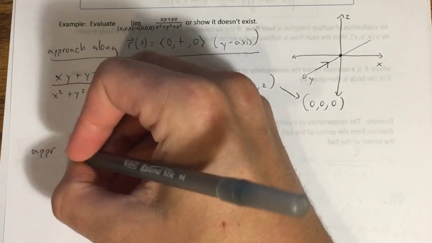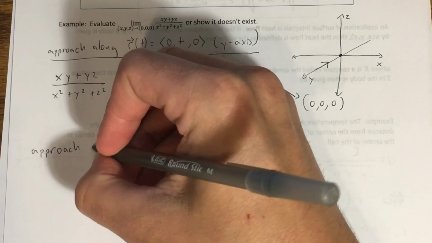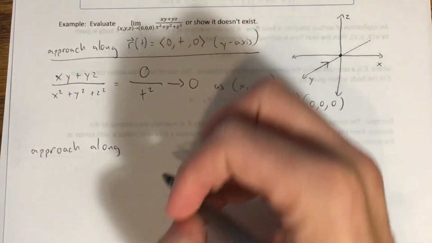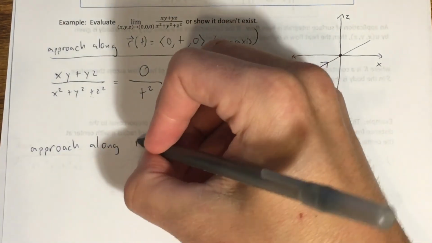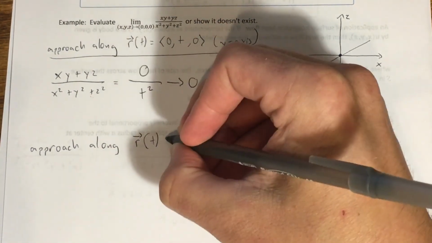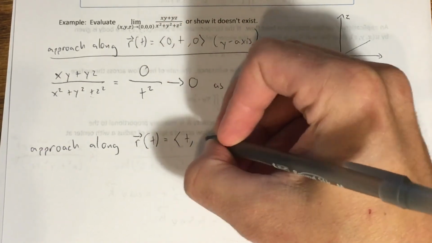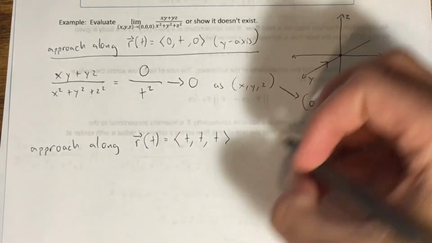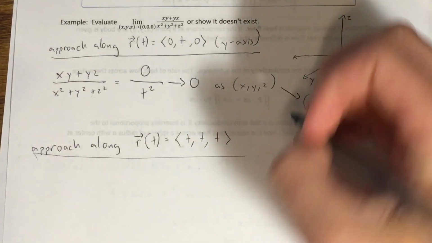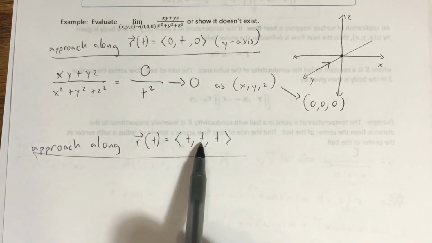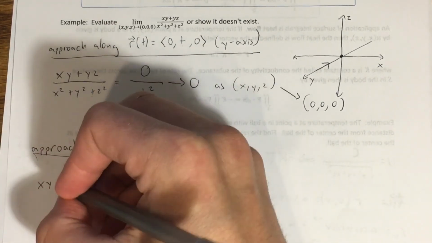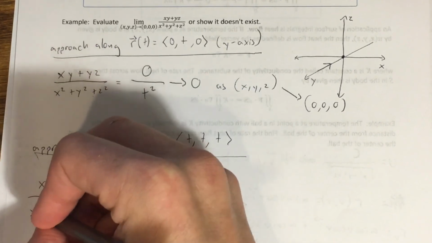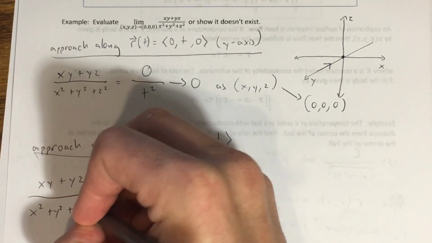So what I'm going to try and do is approach along another space curve, one that's not an axis yet still looks really simple. So what if we approached along this space curve, t, t, t. Again, remember, what this is doing is just giving me substitutions for my x, y, and z. What would happen? Well, xy plus yz over x squared plus y squared plus z squared.